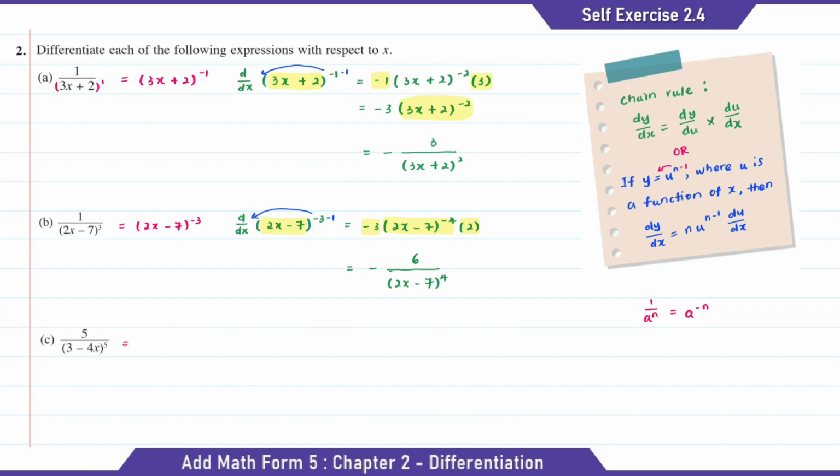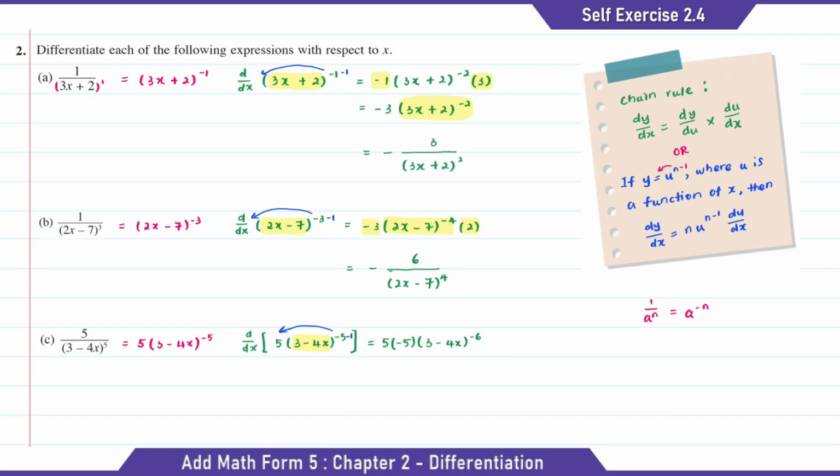Question C. 5 over 3 minus 4x to the power of 5. So I can write this as 5 bracket 3 minus 4x to the power of negative 5. So this is equal to 5 times negative 5 bracket 3 minus 4x to the power of negative 6.